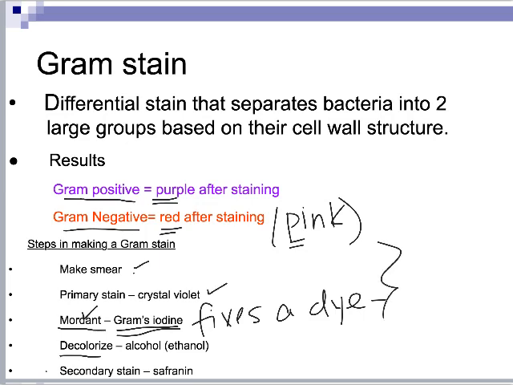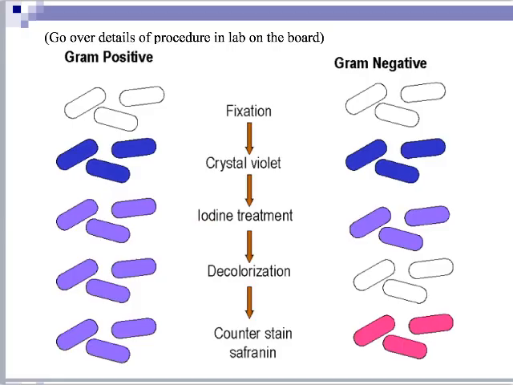So we'll go over this and I'll demonstrate it in lab, so you'll know how to do this by the time everything's done. Okay, so here's what it looks like. If you have a gram-positive organism, you do the smear and then you fix it, and you add crystal violet.